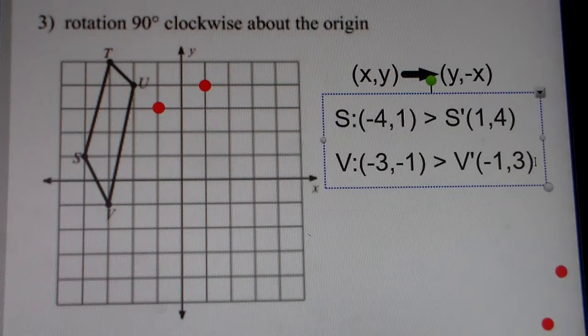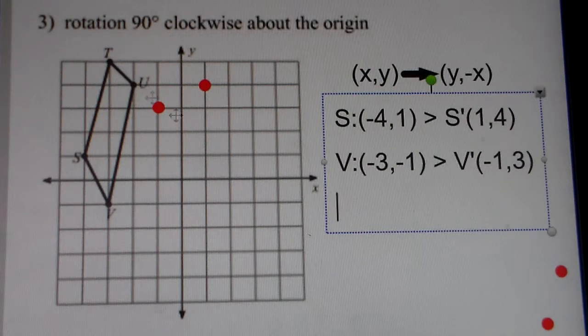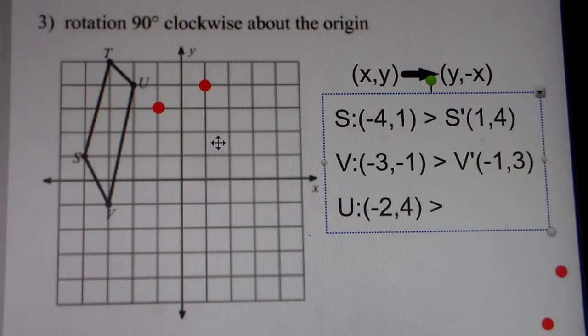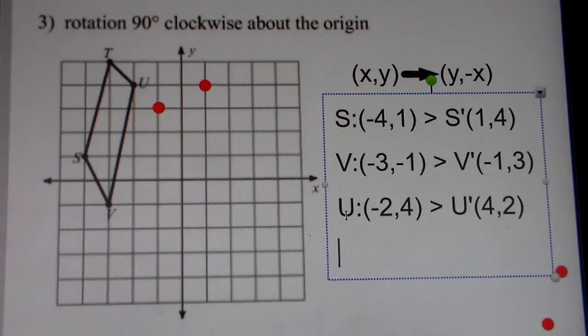All right, next up, we're going to look at U. We're going to rotate that. So U is 2 to the left, 4 up. So -2, comma 4. U prime, you flip-flop them, so it'll be 4, comma, +2, according to our rule here. And then T. T is 3 to the left, 5 up.